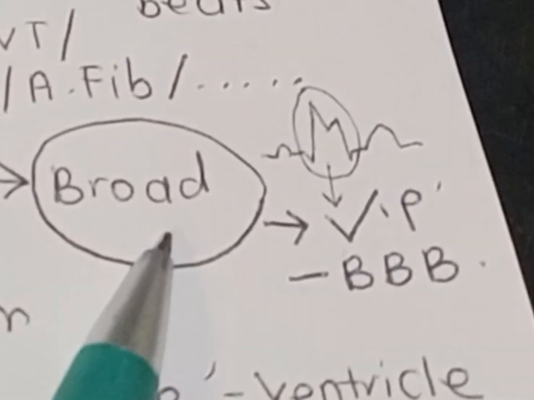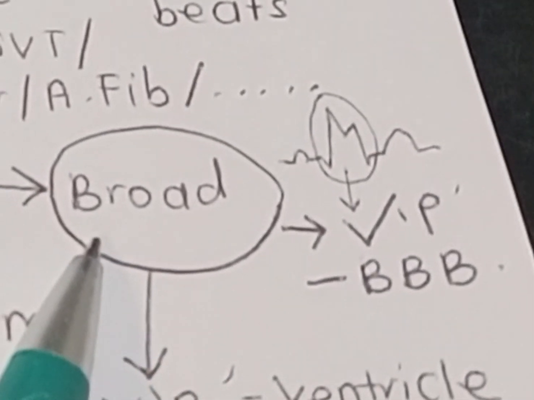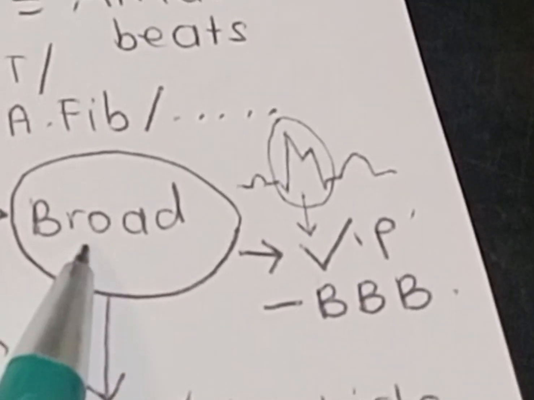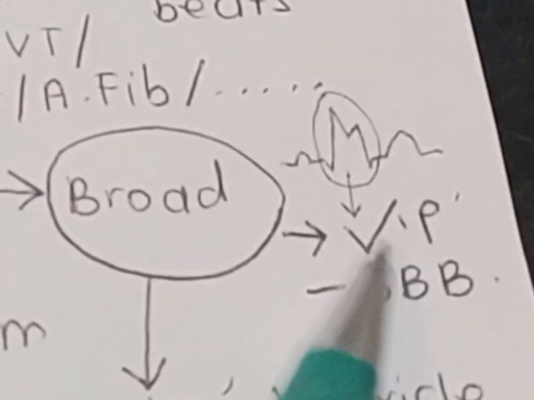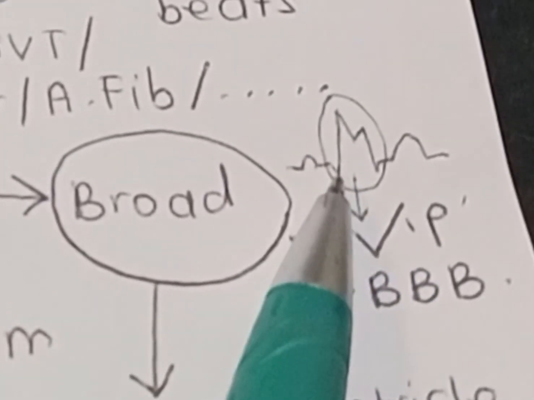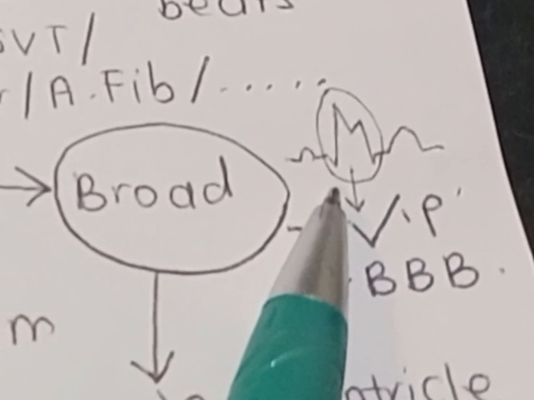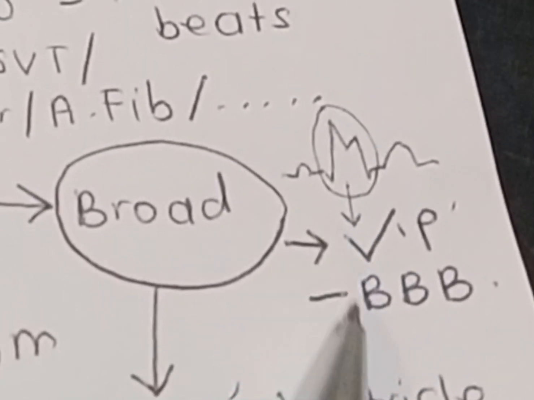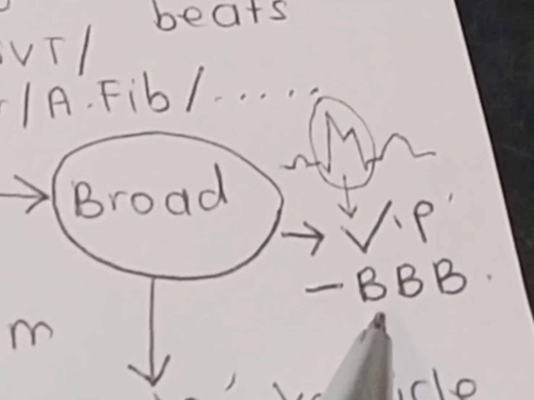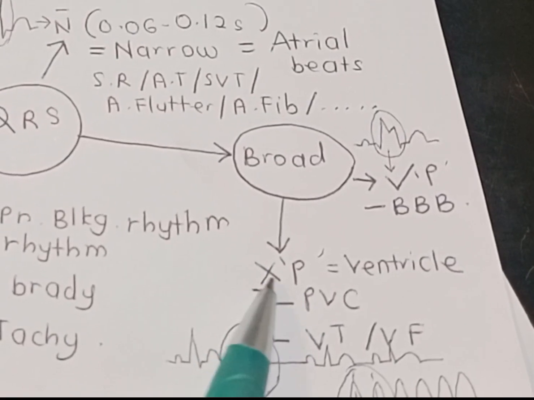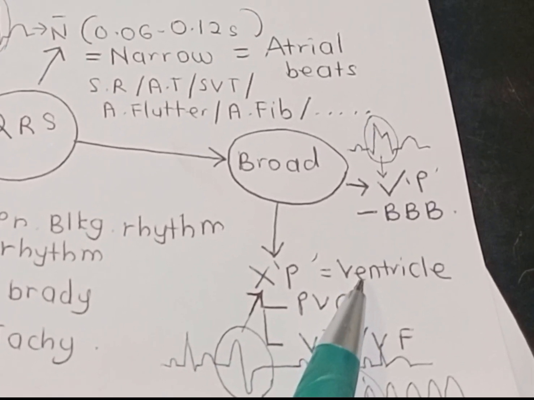QRS can also be broad. If the broad QRS has a P, like this picture, a PQRS pattern where the QRS is broad, more than 0.12 second, it is bundle branch block. No P there, it is a ventricular rhythm.